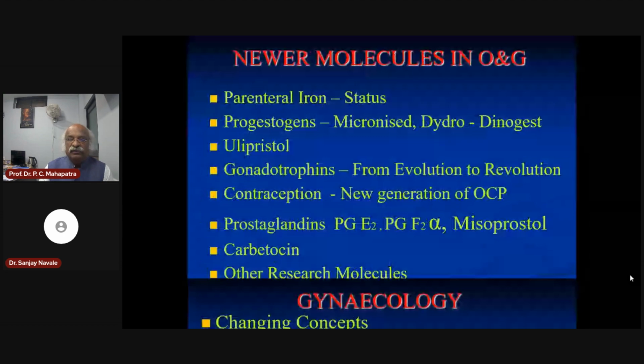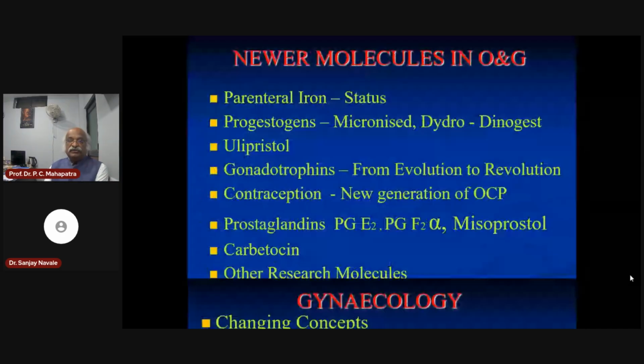Now we are waiting for newer drugs like corifollitropin, with dose advantage, given weekly, and something oral. We are seeing that in the near future newer drugs can be there.